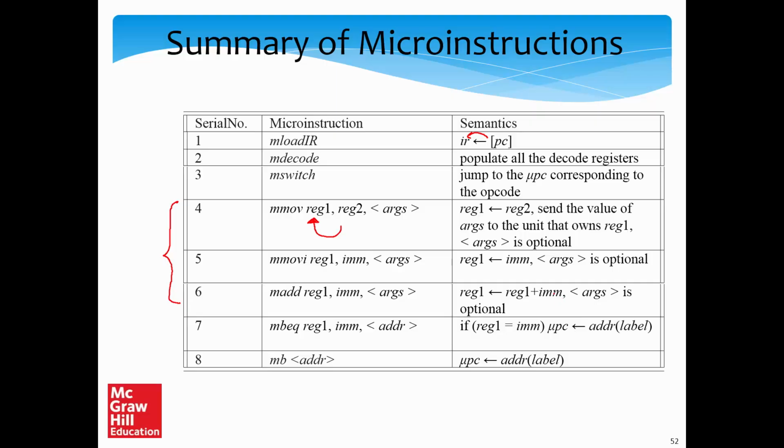Args is again optional, but it does the same thing. We have two kinds of branches, MBEQ and MB. MBEQ is conditional upon equality: if a given register is equal to an immediate, then we set the micro PC to the address of the label. I would not put an address here, I would rather put a label, so that's a mistake.